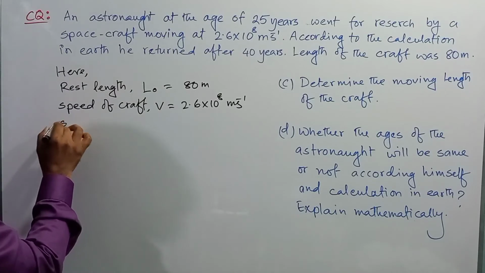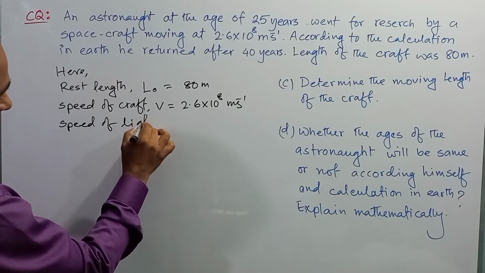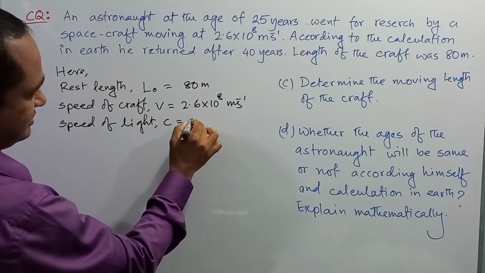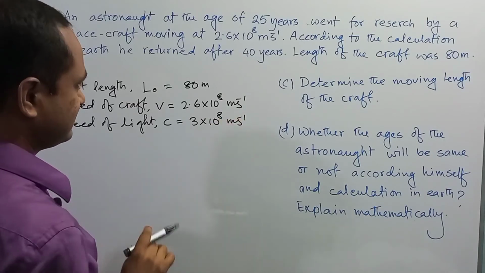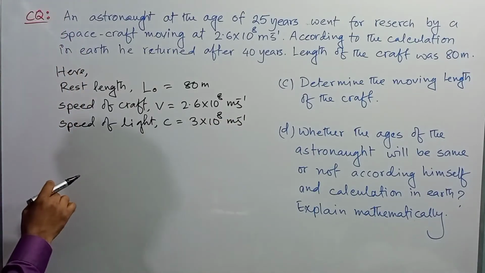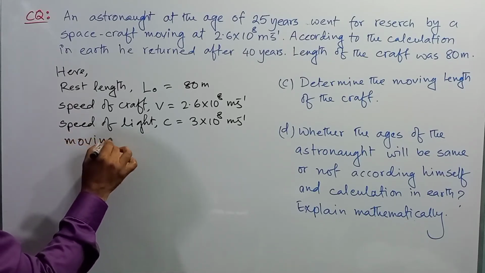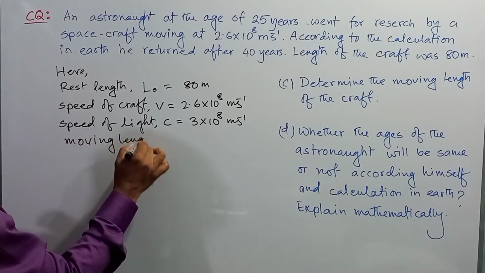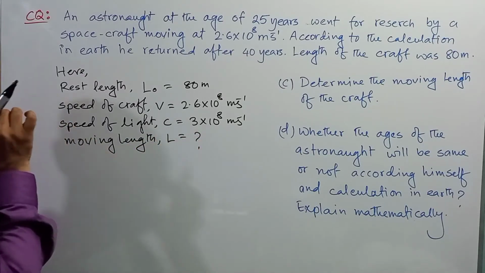Speed of light, C is equal to 3 into 10 to the power 8 meter per second. So we need to determine the moving length. L is equal to what?